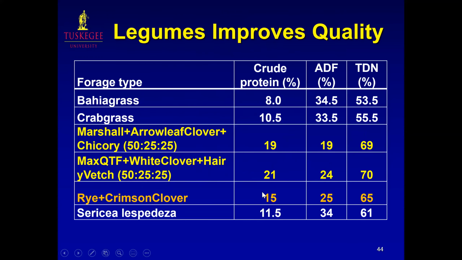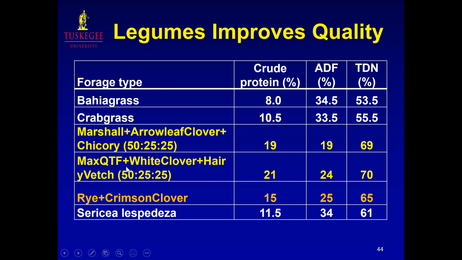So legumes improve quality is another research over here. You can see the crude protein for bahiagrass 8%, crabgrass 10.5%, and here's the combination of different cool season forages, Marshall ryegrass, arrowleaf clover, and chicory, and this is the seeding ratio over here, and you can see the crude protein increased to 19%.